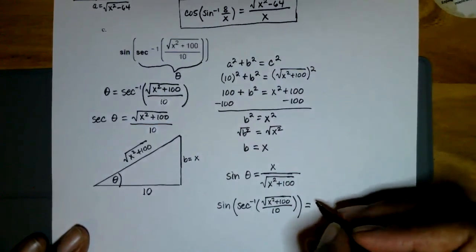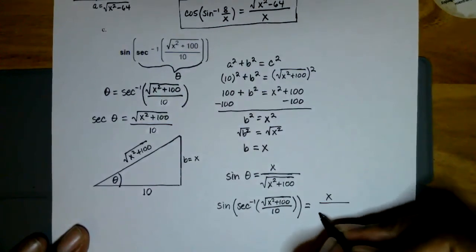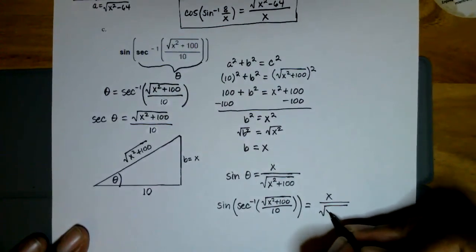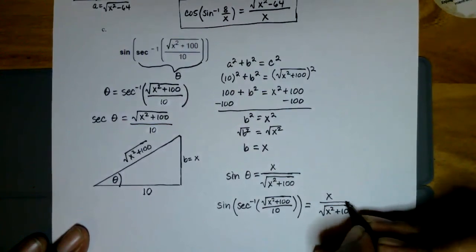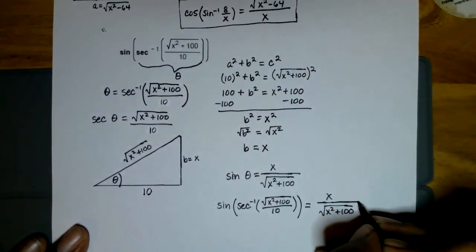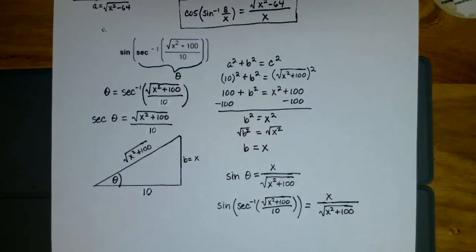That will be equal to that expression, x divided by the square root of x squared plus 100. And again, don't worry about rationalizing the denominator by multiplying the numerator and the denominator by the square root of x squared plus 100. We can just leave it as this.